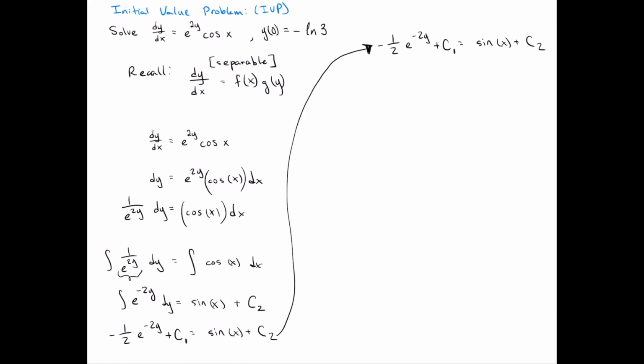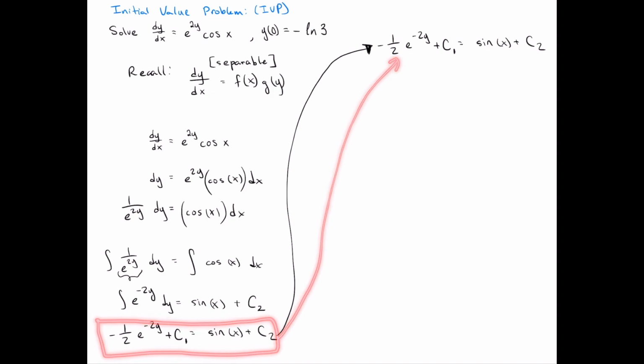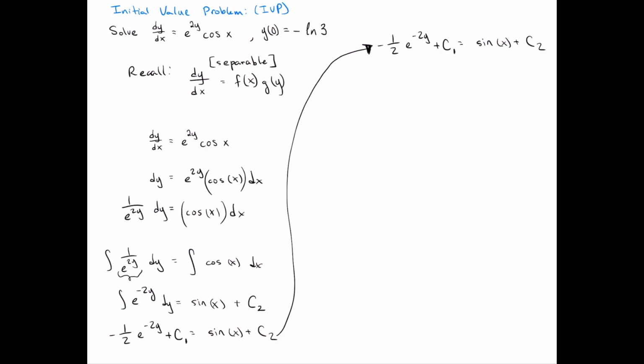Okay, now that we integrated both sides of the equation to get this big thing, I just simply brought it over here so I have more room to work with. So the next step to do is to solve for y. Actually, before we solve for y, let's take a look at the constants c sub 1 and c sub 2.